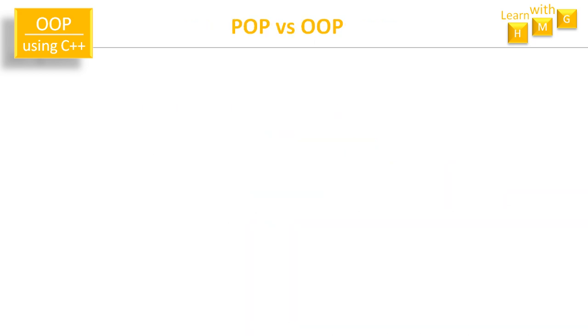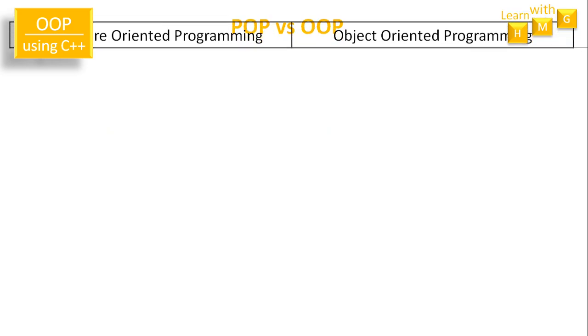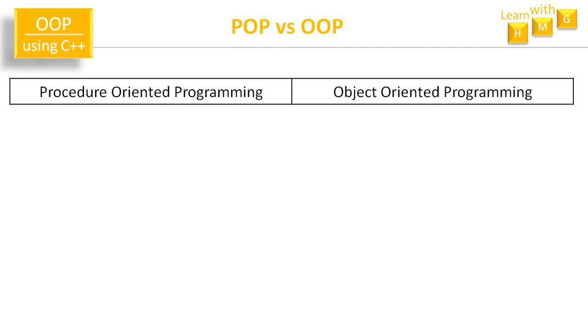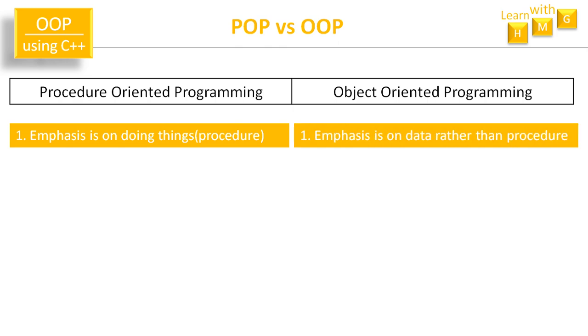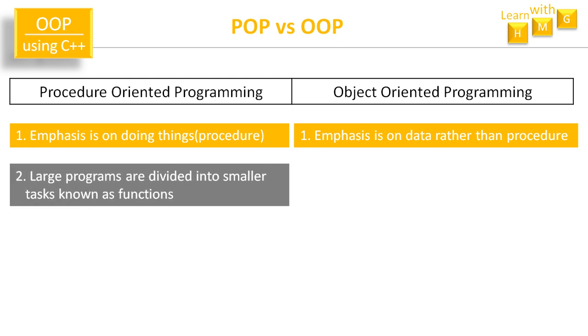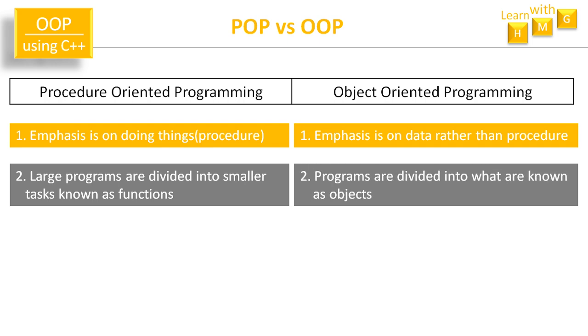Now let us see the difference between OOP and POP. POP first. Emphasis is on doing things, that is, procedures or functions, while in OOP emphasis is on data rather than procedures or functions. The second difference is, in POP large programs are divided into functions, while in OOP the programs are divided into objects.